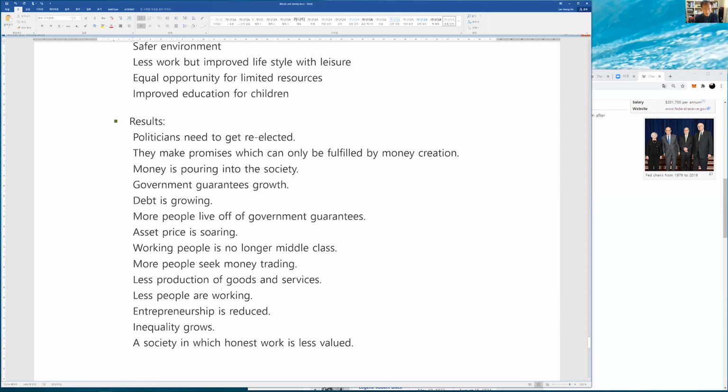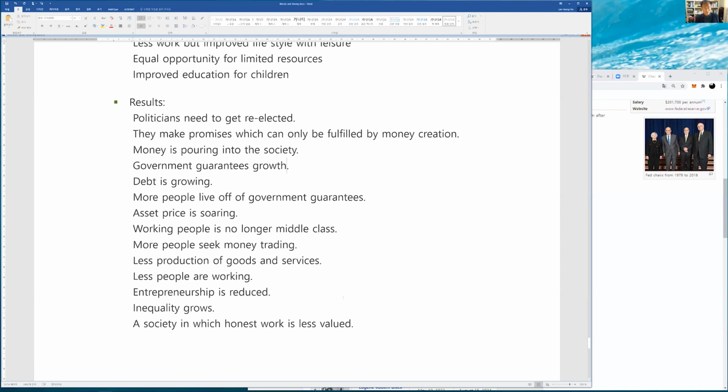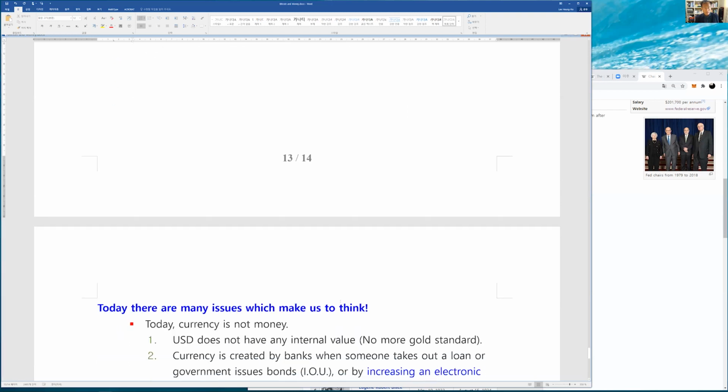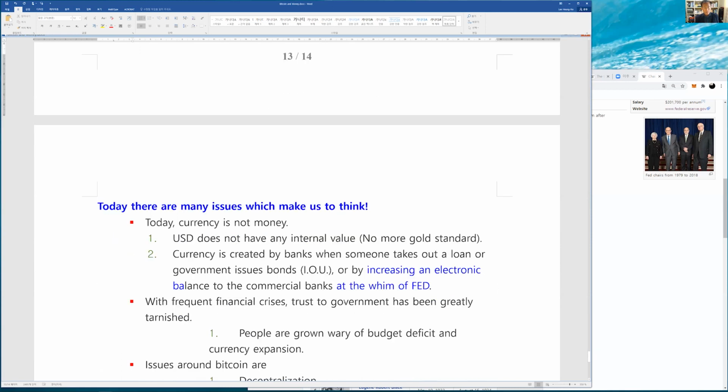So there is less production of goods and services, entrepreneurship is reduced, inequality grows, honest work is less valued, and the middle class shrinks. And these are the results that the United States is experiencing today.